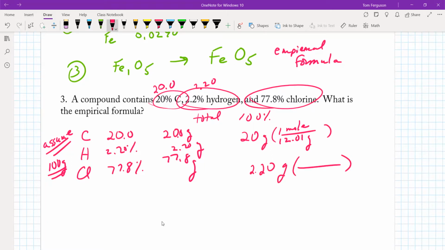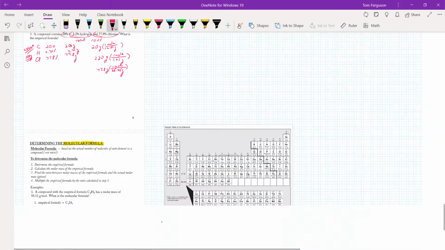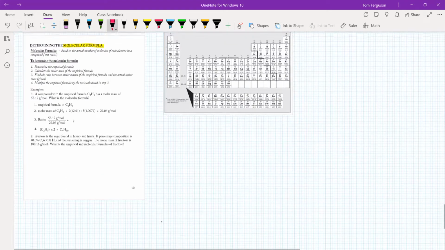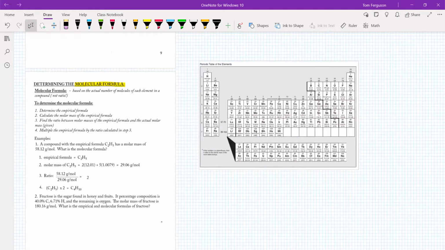It doesn't have to be, I'm just saying that you'll get better precision that way. And hydrogen is 1.01. And then chlorine is 35.45, I believe. Yes, it is.